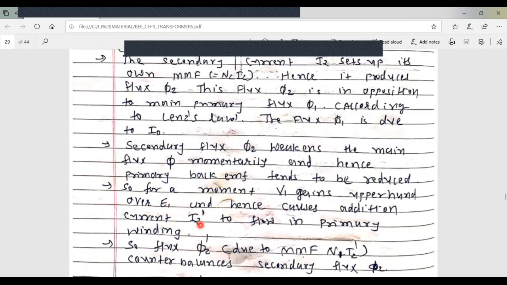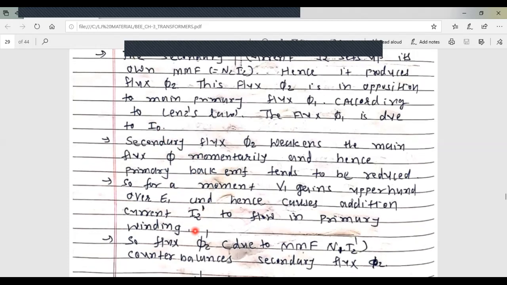Due to that, I2 dash flows in the primary winding. So in the primary winding, there are two currents now. First is I0 and second is I2 dash.